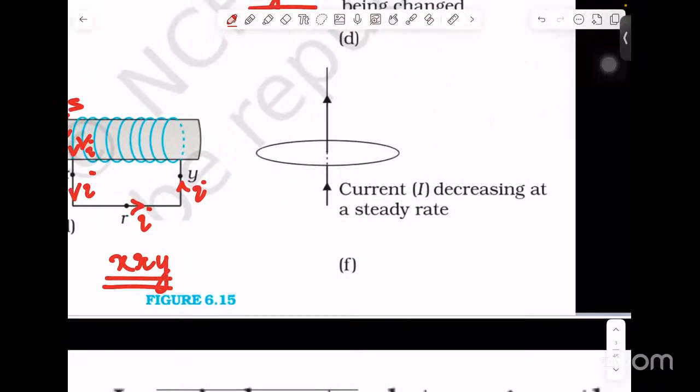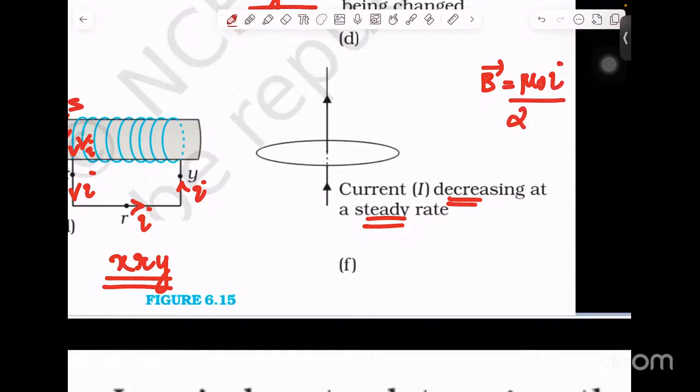Now, moving on to the last case. Here, the current I is decreasing at a steady rate, okay. So the magnetic field due to the current, which is mu naught I upon 2 pi r, at any distance r. Okay, this is the magnitude of the magnetic field.